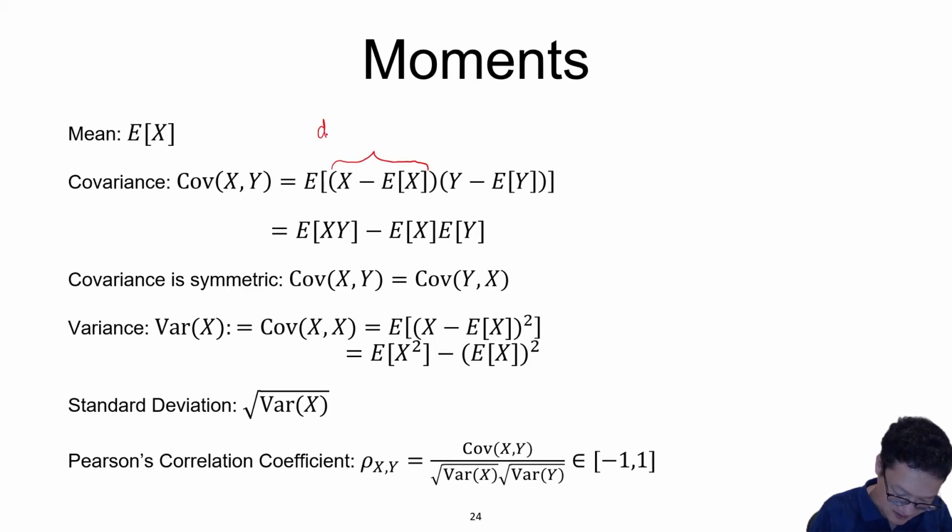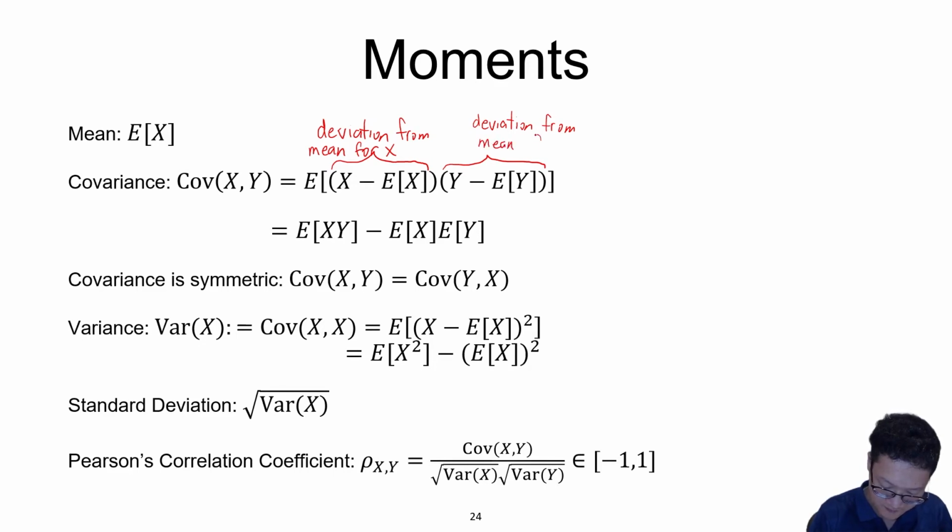So this is the deviation from mean for x. And then this, of course, is the deviation from mean for y.